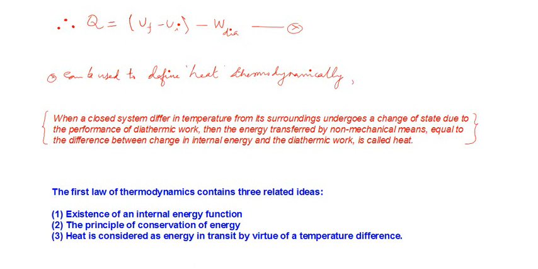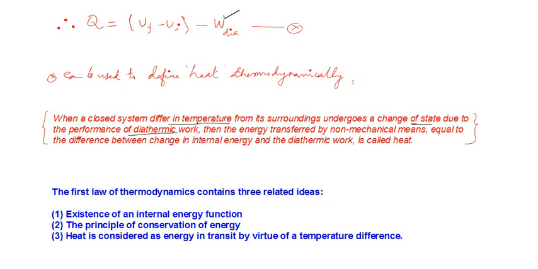The statement is given here: when a closed system differing in temperature from its surrounding undergoes a change of state, changing from the initial to the final state due to the performance of diathermic work. Remember, it is not adiabatic, it is diathermic work.